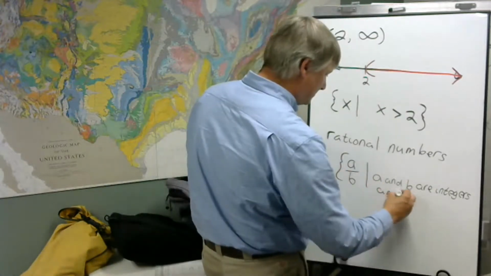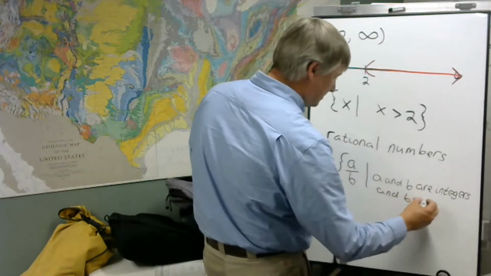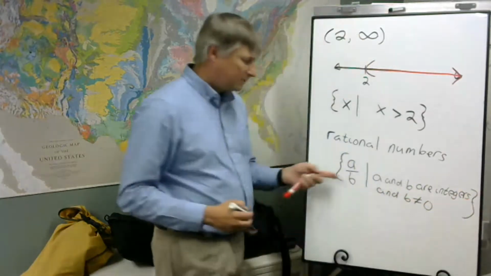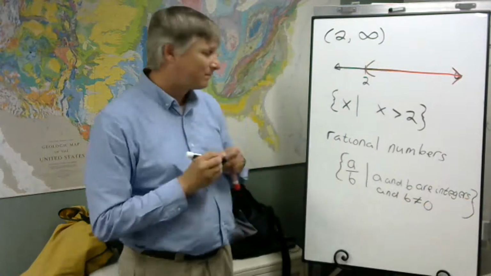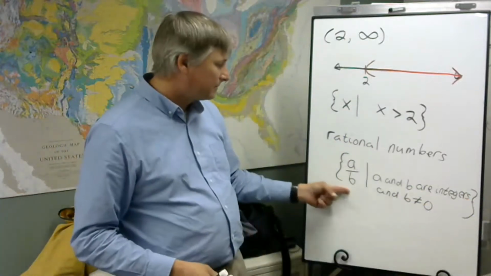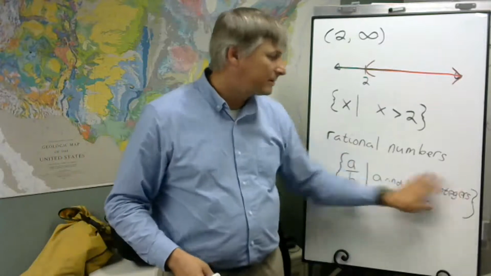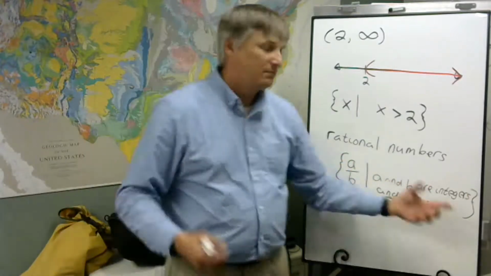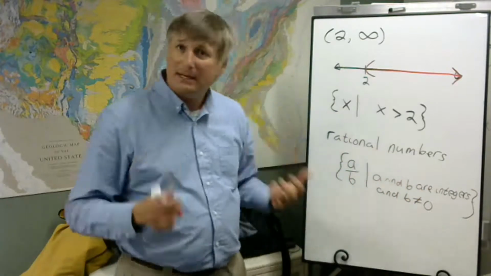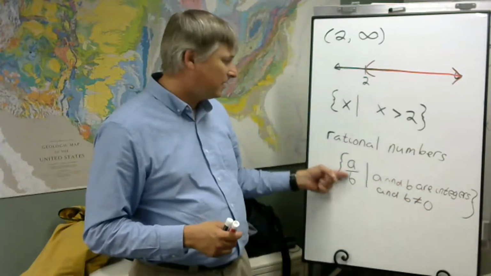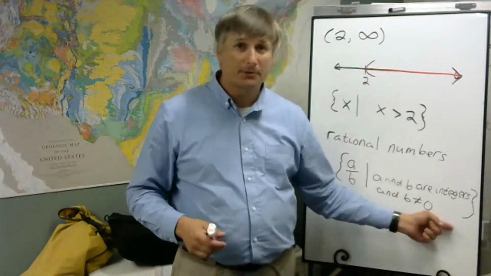And B can never be 0 because we don't want division by 0. So again, with roster notation, this is the object we're talking about, and these are properties of that object. And this ultimately is a set. So any elements in this set must be this kind of element with these kinds of properties.